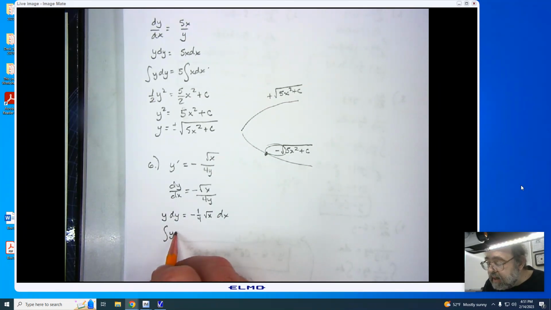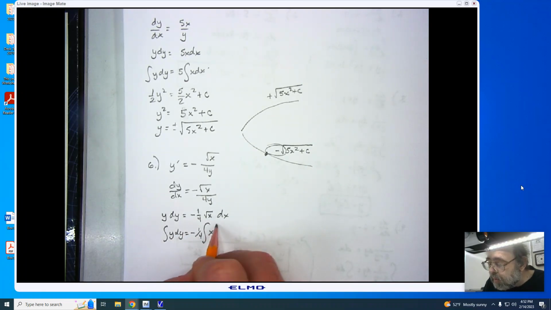The integration of y dy equals negative 1/4 the integration of x to the 1/2 power dx.